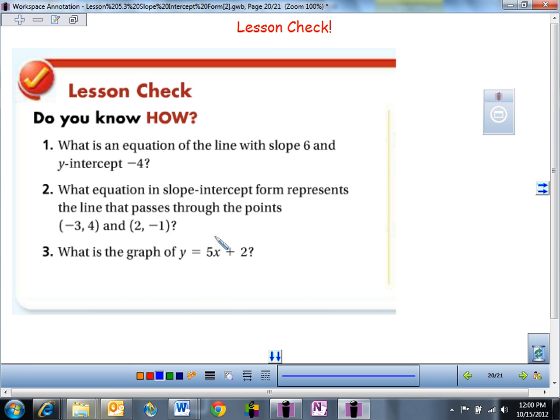Okay, so here are 3 examples I want you to try, 1, 2, and 3. Check your answers with me when you're done.